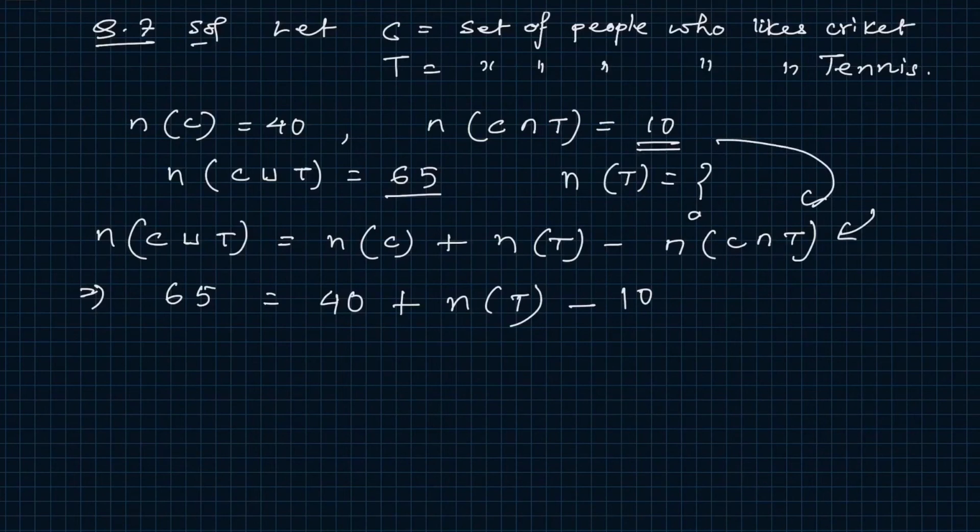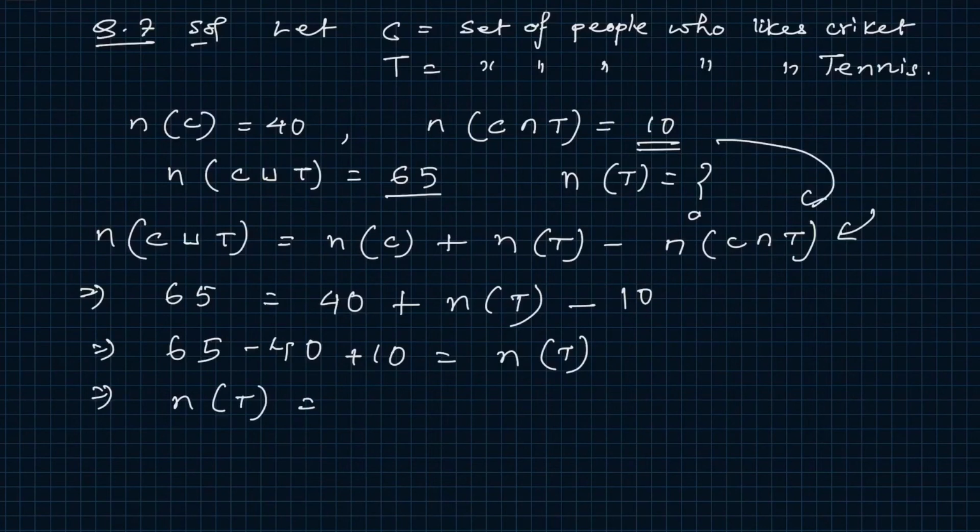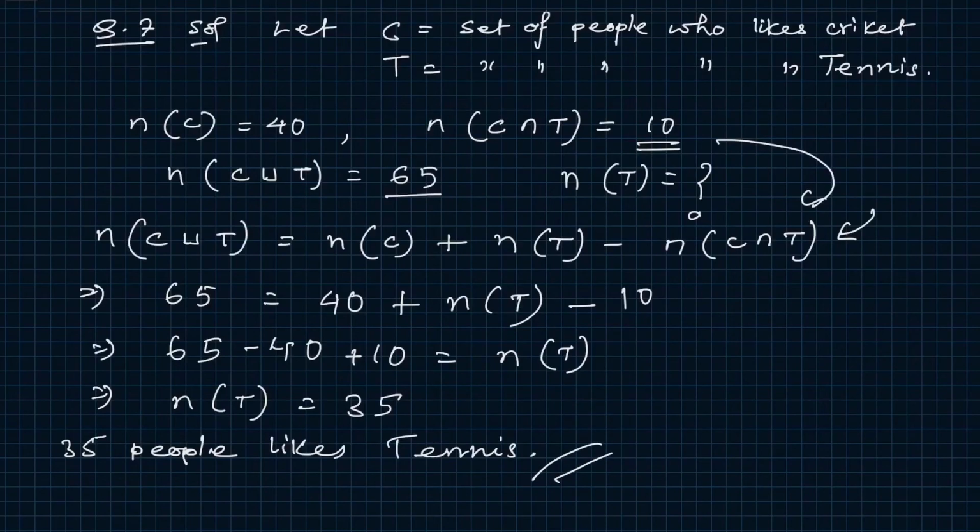So 65 minus 40 plus 10 is equal to the number of elements in set T. So this is equal to 25 plus 10, which is 35. So we can say 35 people like tennis. That's how we can solve this.